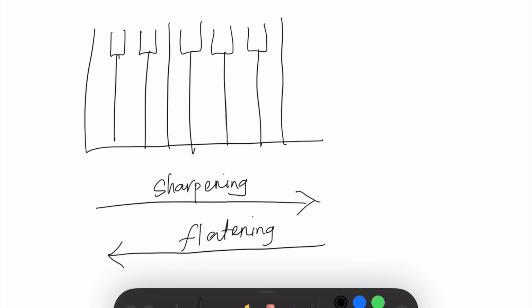So if this is C and this is D, then this shaded note here, the black one, is called C sharp or D flat. It's called C sharp because if you move forward this way, right?